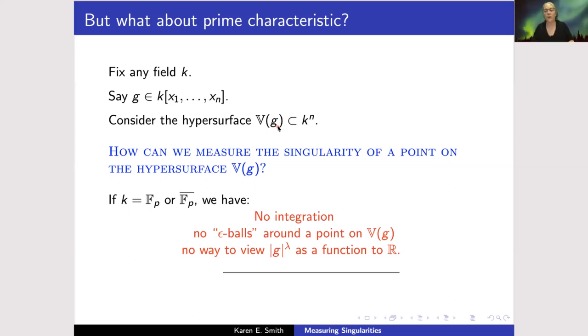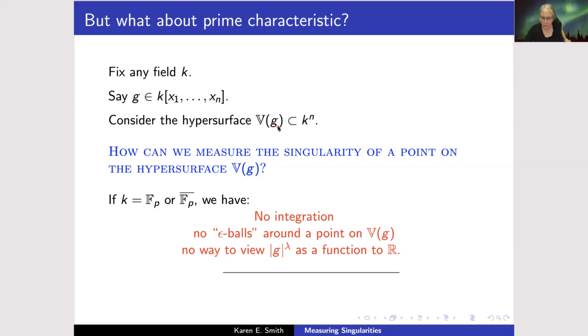We don't have epsilon balls around our point. We can't look at the volume under the graph. There's no integration. There's not even a good way to view necessarily a fractional power of the function g, which is what we were doing when we were looking at the log canonical threshold. So this seems like an insurmountable problem to try to define an analog of the log canonical threshold.